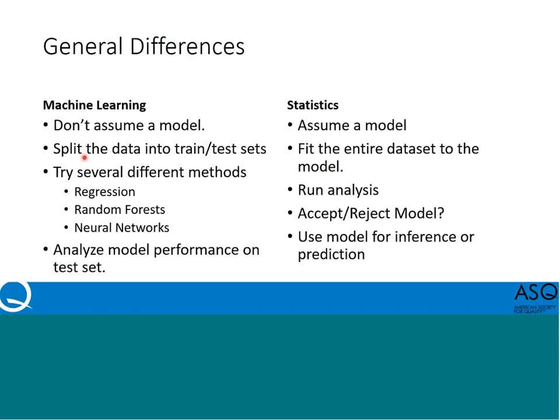And then we can use that model for inference or prediction. Whereas machine learning, the main idea or the main goal is to have some model, whatever form that looks like, that can perform well on unseen data, data it has not seen before. So a machine learning engineer might try several different methods.